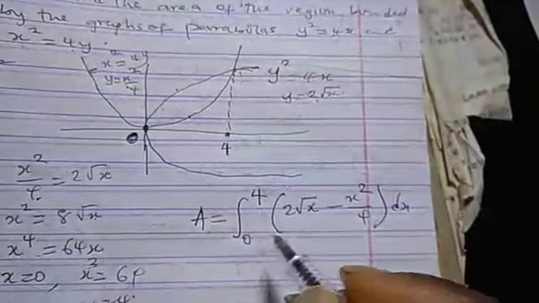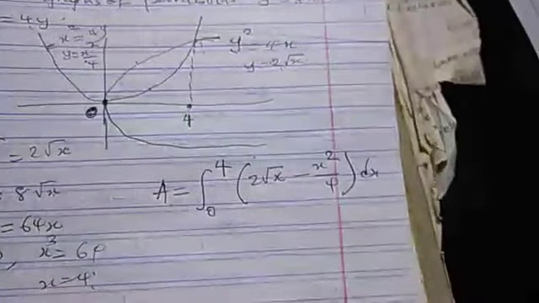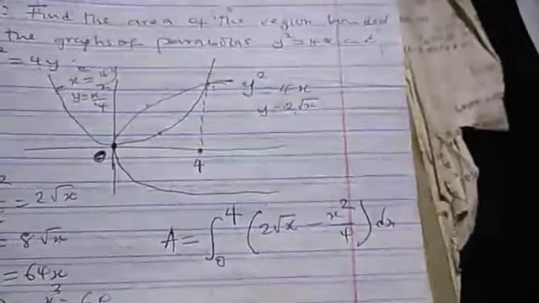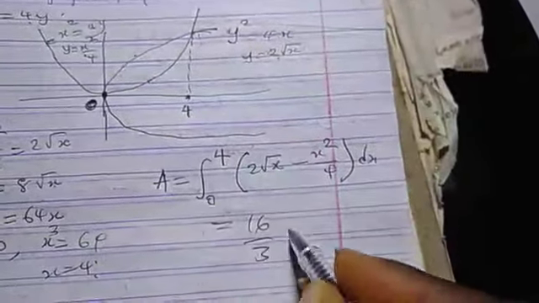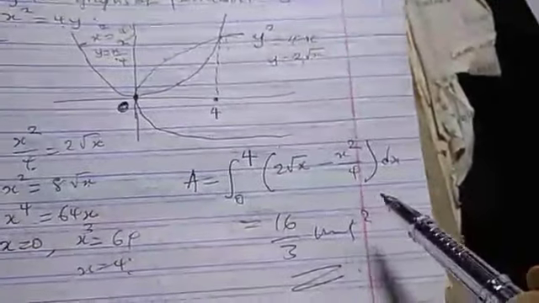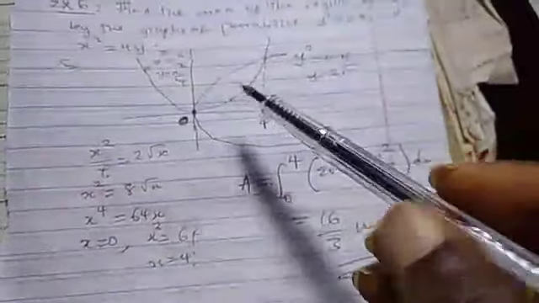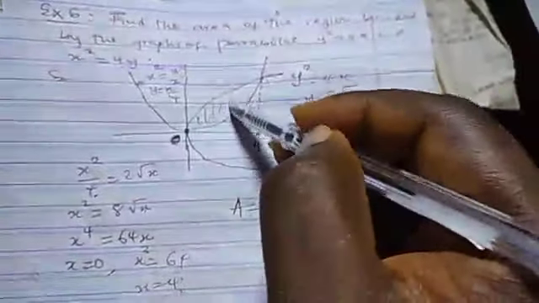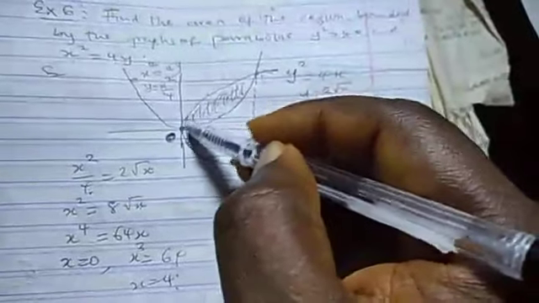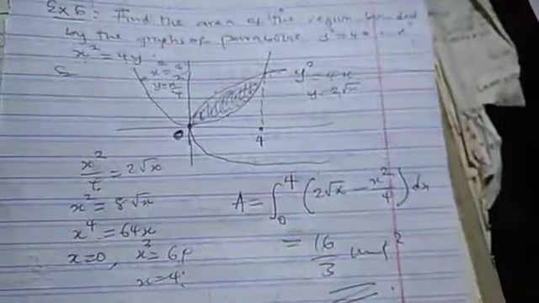We need to find the integration of the function. When you find the integration of the function, you should be able to have 16 divided by 3 unit square. So that is the answer. So we have explained area. We now need to move to volume of a shape. How do you find volume of a shape? Using integration.